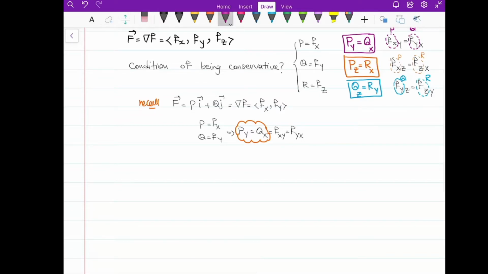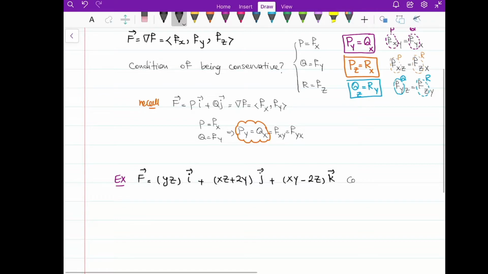So the example is this. The vector field F is yz i plus (xz plus 2y) j and (xy minus 2z) k.